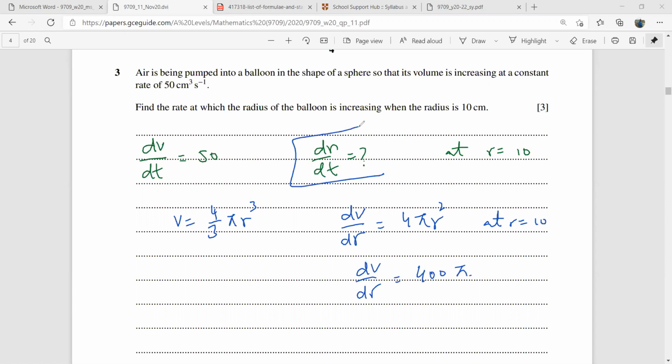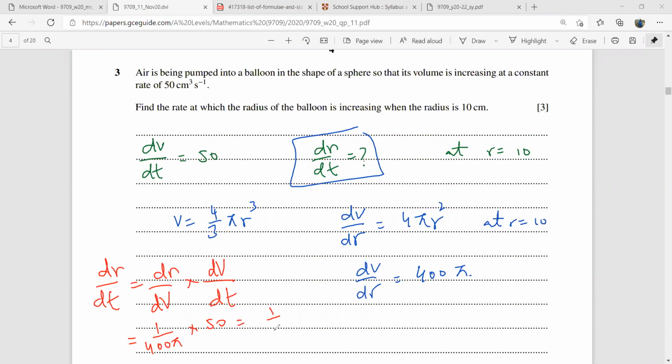And we're going to find dr by dt, making the chain rule for this. So you have dV here, you have dV here. So this is going to be, we have dV by dr, so I'll be writing its reciprocal, 1 over 400 pi, times this 50.